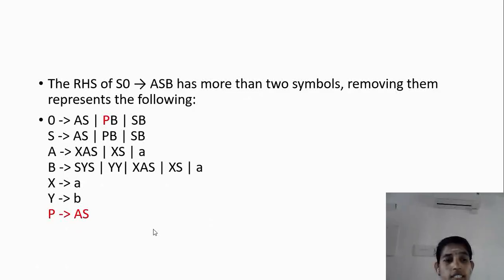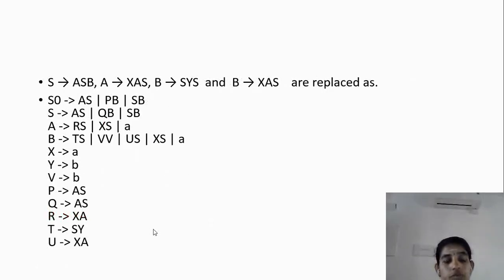Next, S0 tends to ASB has more than two non-terminals. Okay, we permit only two non-terminals. So here I create one more production rule, P tends to AS, and substitute the P value in my starting symbol S0. So these are the final production rules we created after replacing S tends to ASB, A tends to XAS, B tends to SY, S and XAS, because these four grammars have three non-terminals.